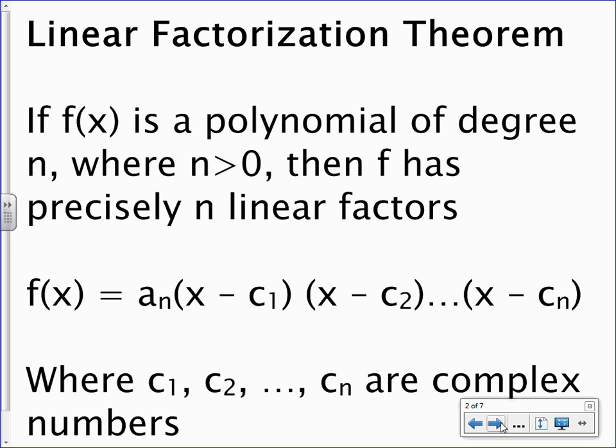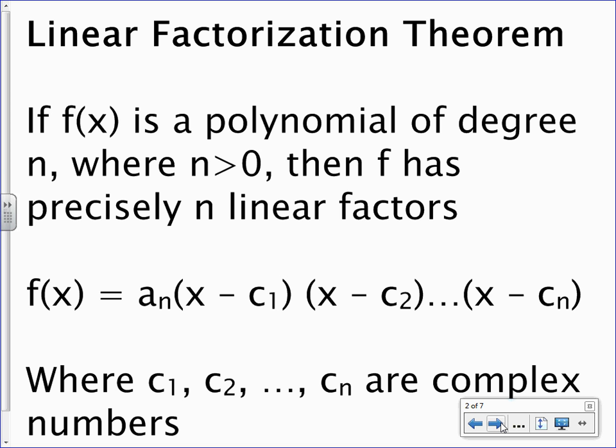Linear means what? Okay, but what kind of polynomial? X to the first. So you see what I have here. X minus something times x minus something times x minus something. These c's are just constants, okay? They can be real, they can be imaginary.